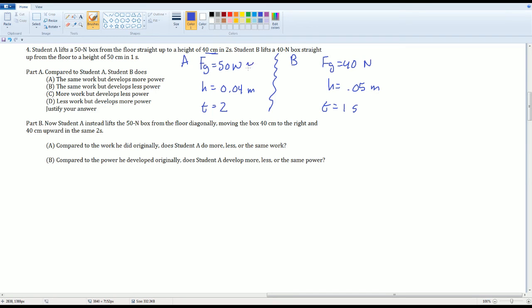This is equivalently 5 kilograms, because I'm just dividing by 10, g. This is equivalently 4 kilograms. Again, 40 newtons is equal to mg, and g is 10, so the mass was equal to 4. Just converting it.